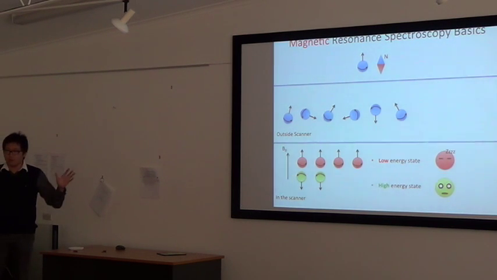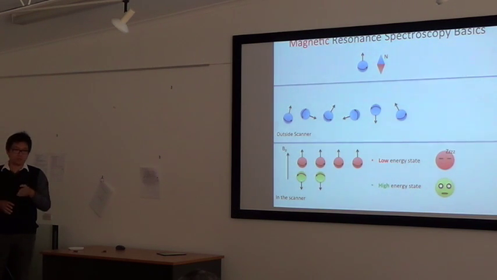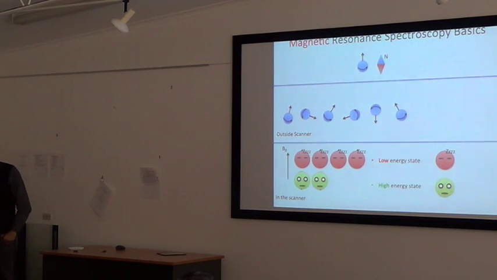So if I consider the whole classroom as the tissue, and each of you is a proton, and my talk about physics is the external magnetic field, every one of you will be in one of two states, low energetic state, sleepy, and high energetic state. And the proton is similar to people, lazy, and my talk is like the magnetic field, it's boring. So we find more sleeping people in the tissue rather than energetic.